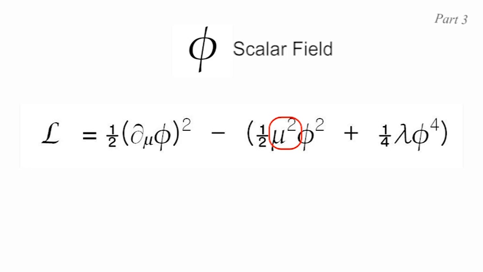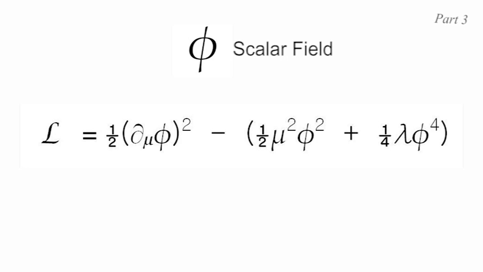I could, I suppose, have used something else, but many textbooks use mu, so I stayed with that. The parameter lambda is dimensionless and is known as the quartic self-coupling. It accounts for the strength of what is called the Higgs self-interaction, and it also affects the production rate of Higgs particles, pairs, in experiments.